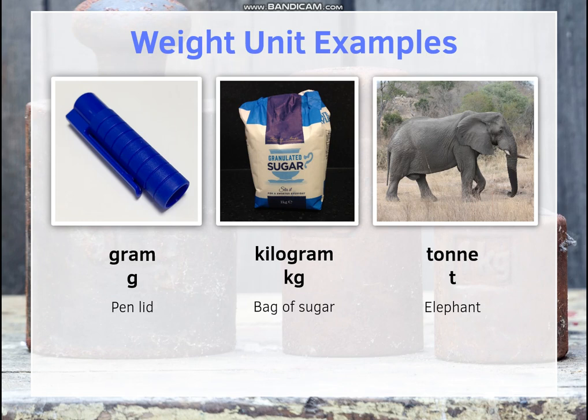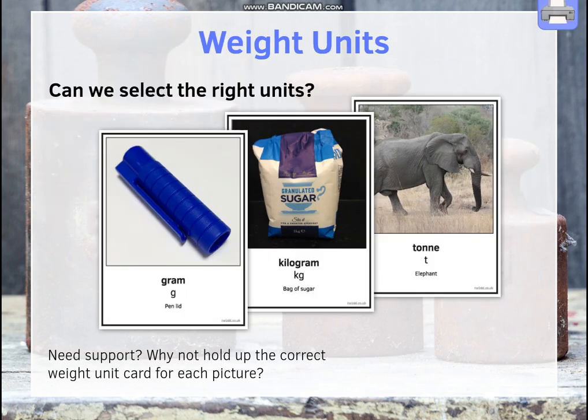And if you're weighing people, very often we can use kilograms, and you can use grams as well. And then if you're weighing very heavy items like an elephant or a car or some other machinery, large things, we can talk about tons, and there's 1,000 kilograms in a ton. Okay.